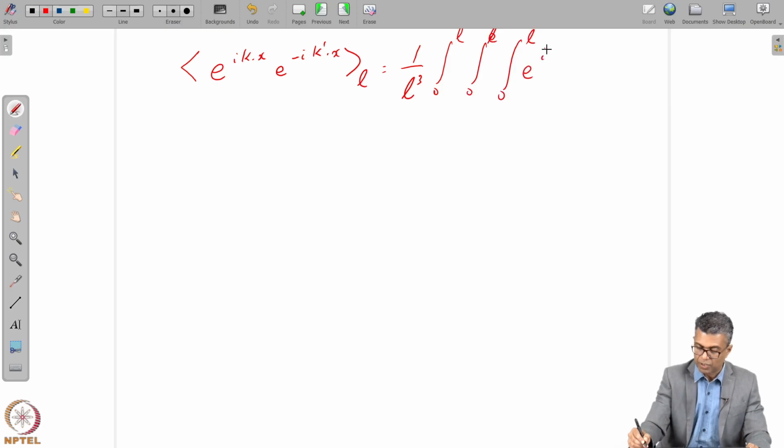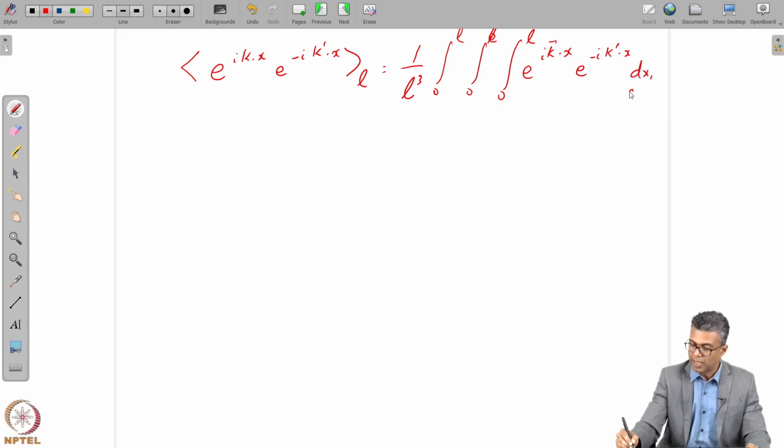And I'll have e to the i kappa dot x, where kappa is a vector, remember, and e to the minus i kappa prime dot x, and then dx1, dx2, and dx3. It's a volume integral.